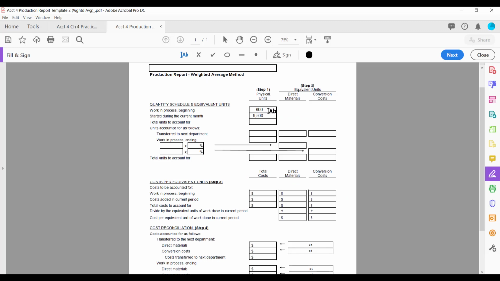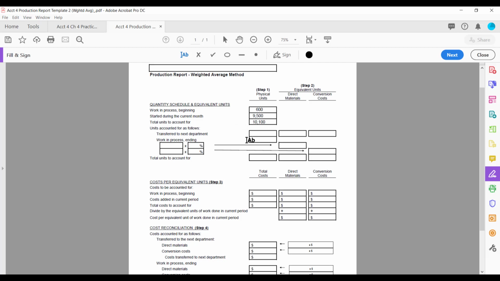So if I had 600 physical units in this department to begin with, and I started work on 9,500 additional ones, how many units do we then need to account for? It's simply going to be the addition of those two amounts. 600 plus 9,500 gives us 10,100. Okay, so that's the total units that I need to account for.